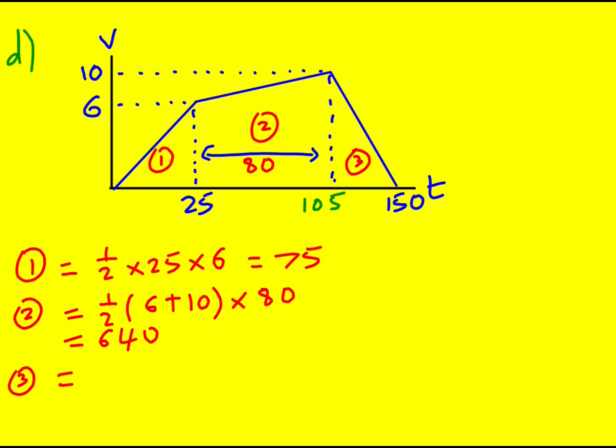Then area 3 is again a triangle, so it's going to be a half times, okay, remember this was 45, half times 45 times 10. So 450 divided by 2 is probably the easiest way of doing it, 225.